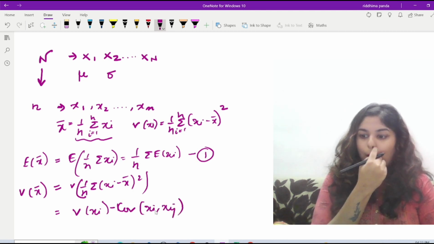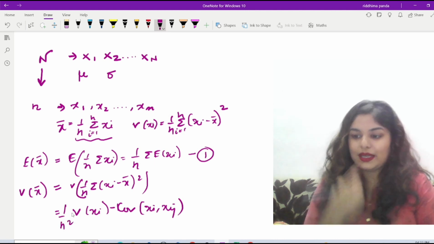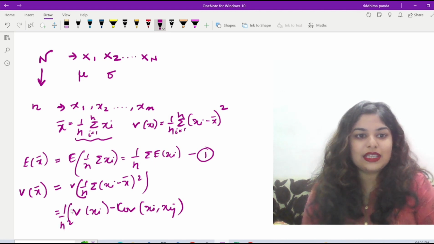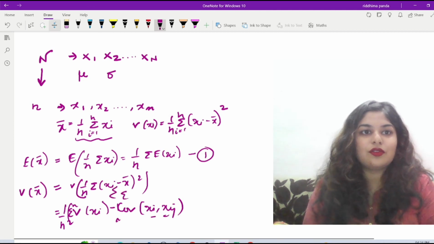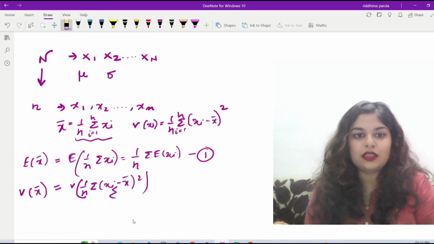Since here we have 1 by n, obviously here I am going to have 1 by n square, and I'm going to take summation till n, and here we have xi xj, so I'm going to put a double summation. To write it in a better manner, let me just clean it out.